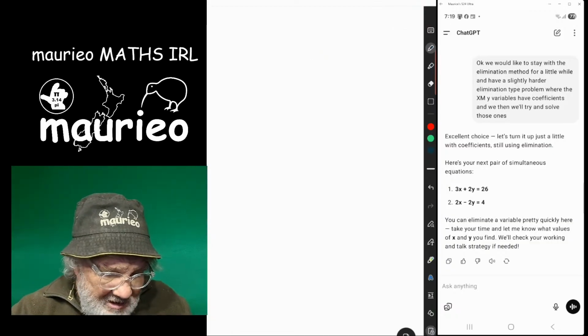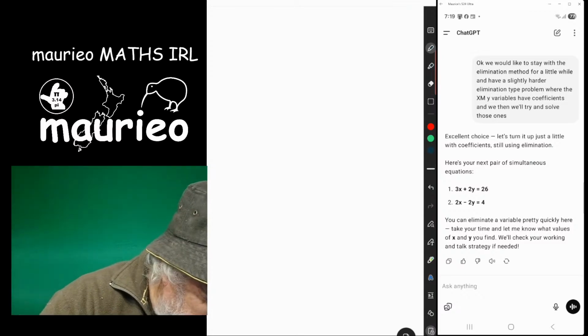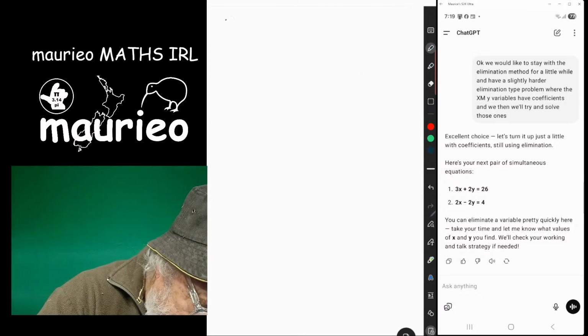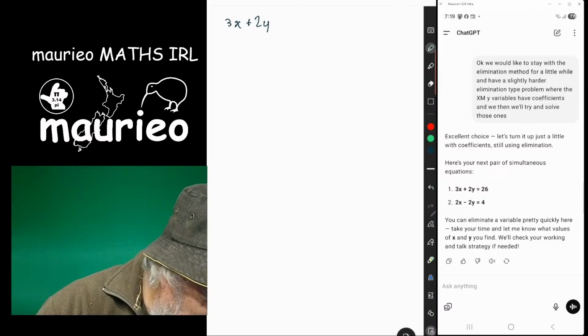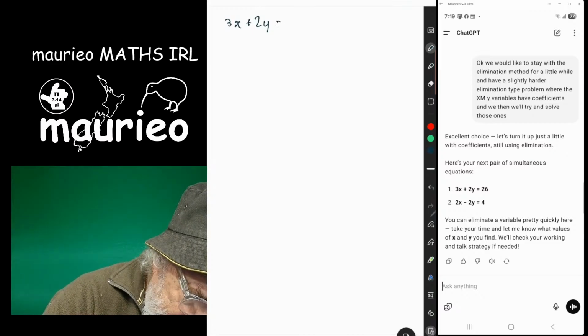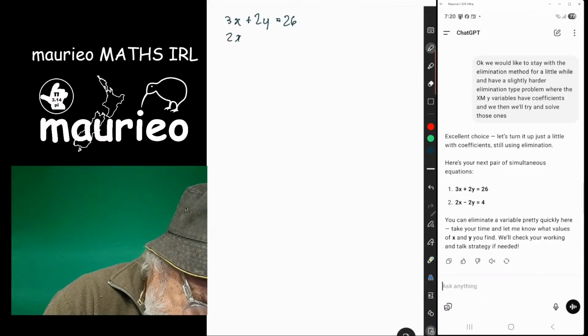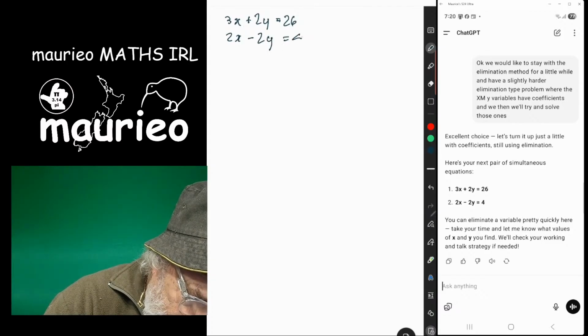Okay, so let's have a look at this one. We've got 3x plus 2y equals 26, and 2x minus 2y equals 4.